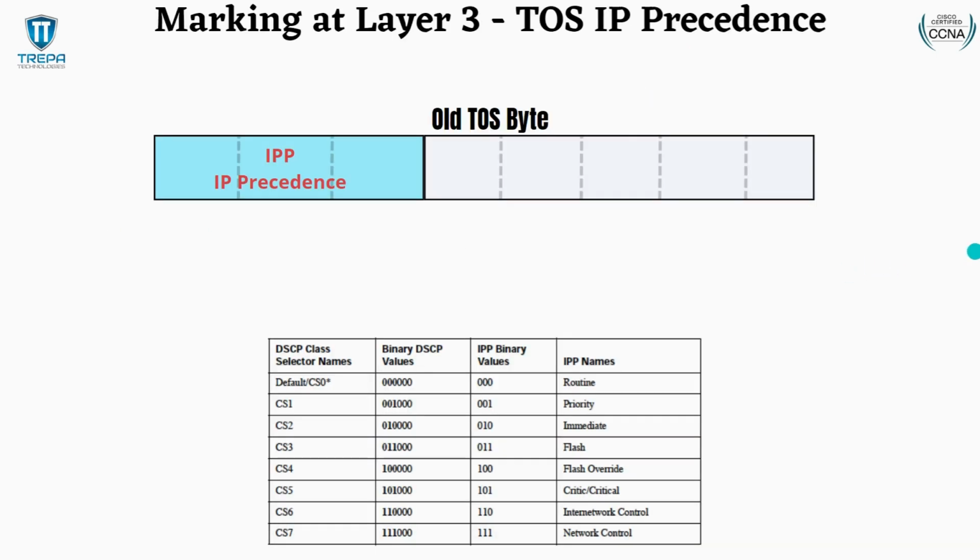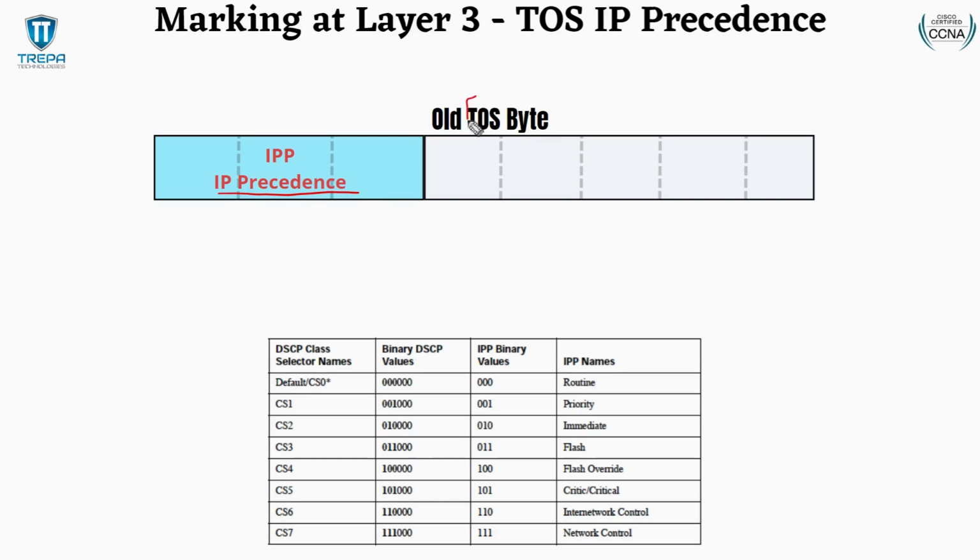Okay, so originally, when we started doing QoS and we had this field in the IP header that we decided we wanted to use for quality of service, what we had was something called IP precedence, where we only gave an IP packet 8 different values, 8 different classes, and we called this the IP precedence field.